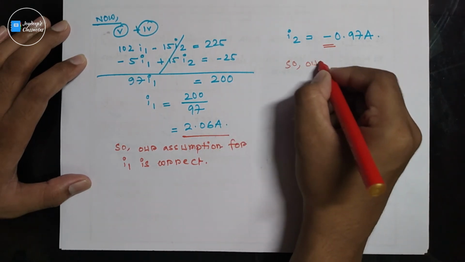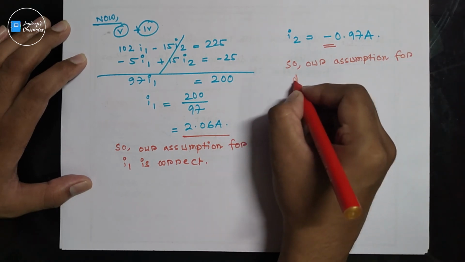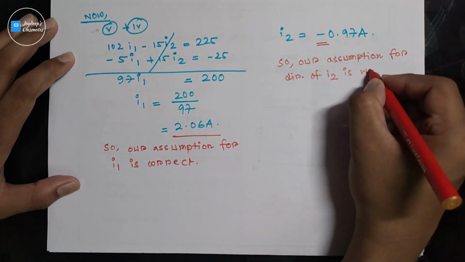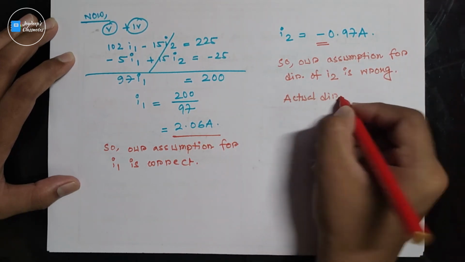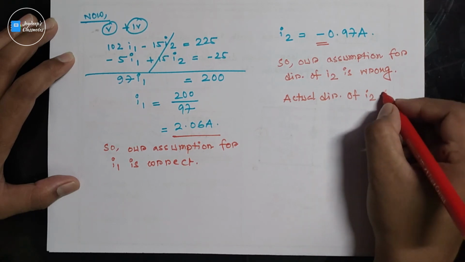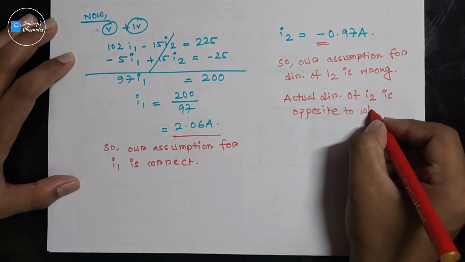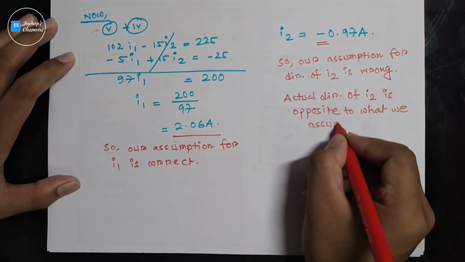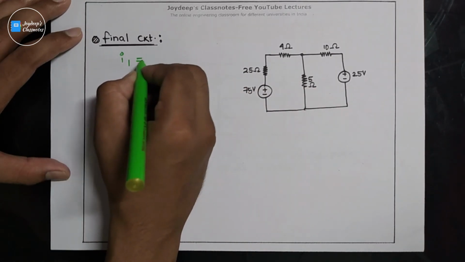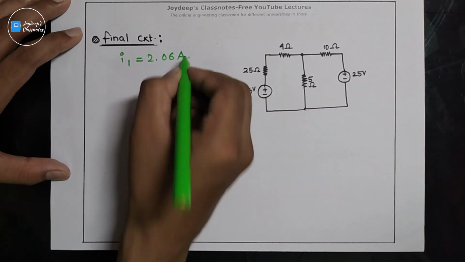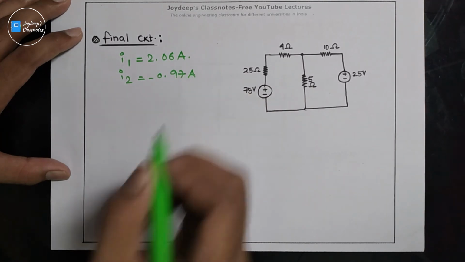So the actual direction of I2 is opposite to what we assumed. So our answer is I1 becomes 2.06 amps and I2 becomes minus of 0.97 amps, right?